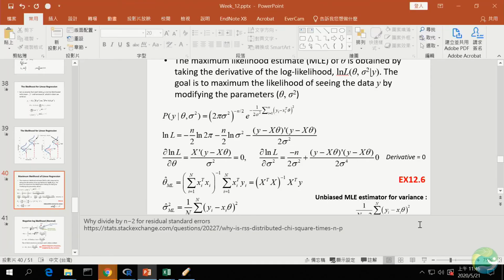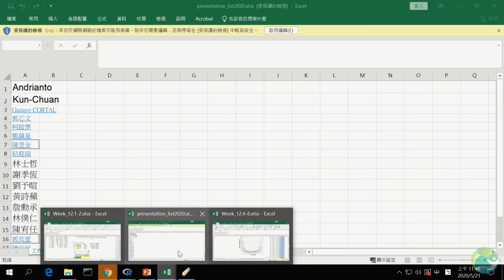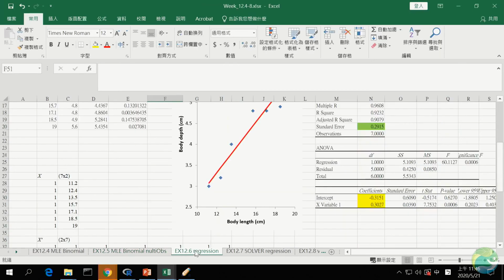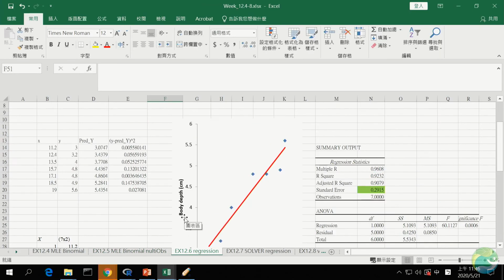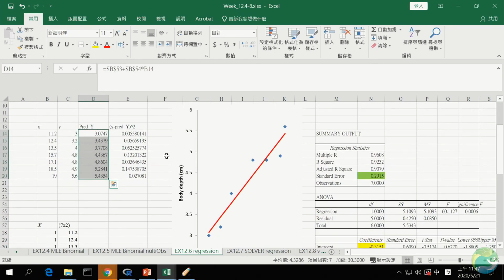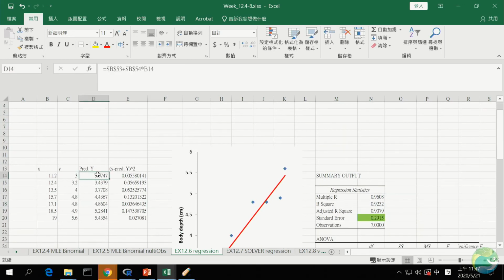So let's try the example 12.6. Here is the x value, y value, and the predicted y. For the predicted y, we can put some initial value for the curve.